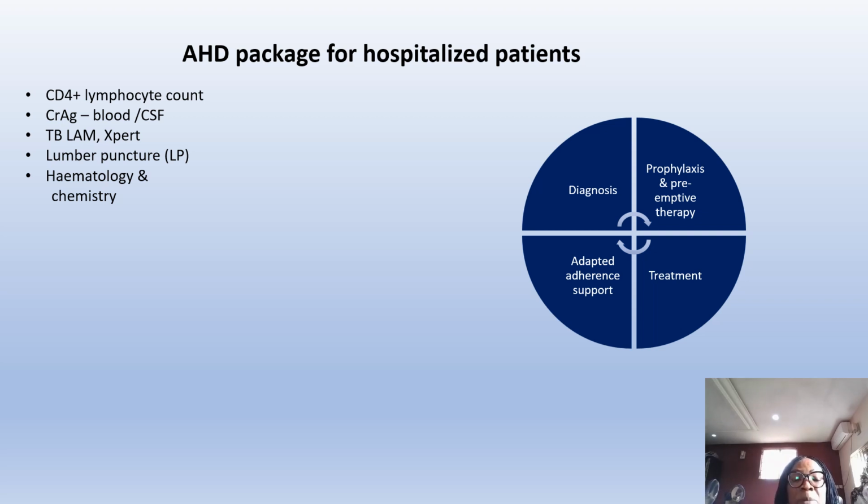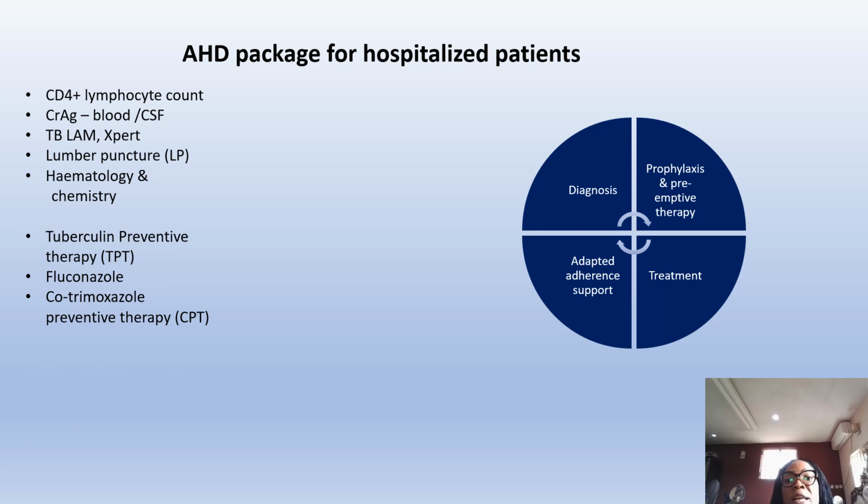Tuberculosis lipoarabinomannan is an antigen test used to diagnose TB; it is a urine antigen test. GeneXpert is also a test used for diagnosis of TB. We want to diagnose opportunistic infections so that we can treat to avert deaths resulting from them. We had talked about CSF from lumbar puncture; that's where we get CSF that we will use for diagnosis of cryptococcal antigen. Also, hematology and chemistry. Remember, we said severe bacterial infection can also be a cause of AIDS-related mortality.